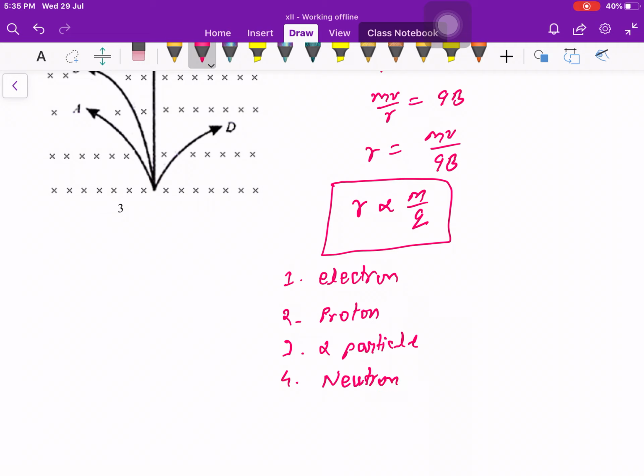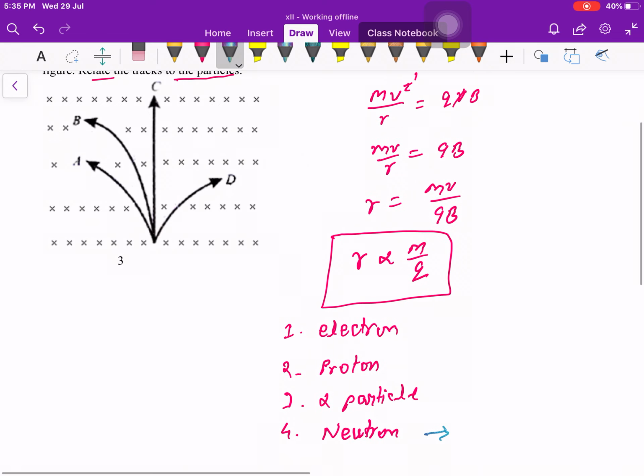We know that on the neutron no charge is there, so if no charge, then no effect. So from here we are very much sure that for the neutron the trajectory will be C. It will move in a straight way. So C is there. Now what about the remaining 3?